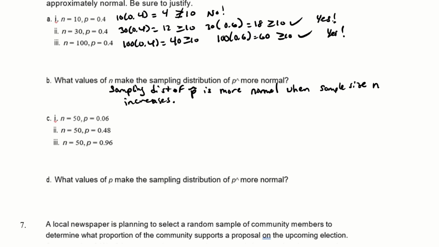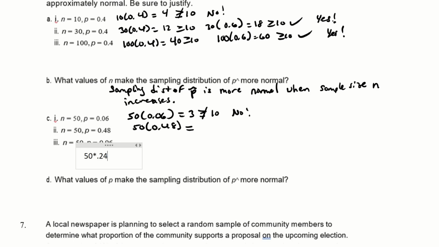And then C, it looks like they want you to check that as well. So 50 times 0.06 is equal to 3, which is not greater than 10. So that's going to be no. 50 times 0.48. Notice that the sample size is now the same. They're adjusting the p so we can see if there's a relationship going on here.